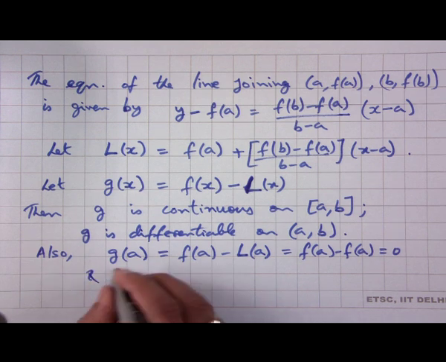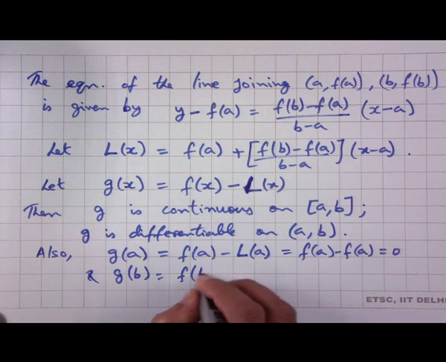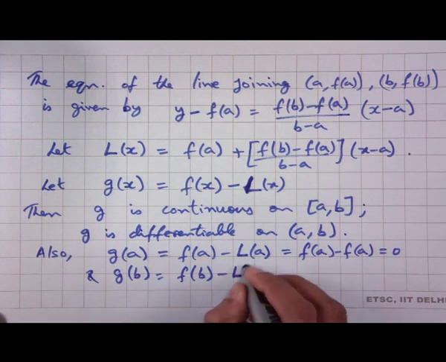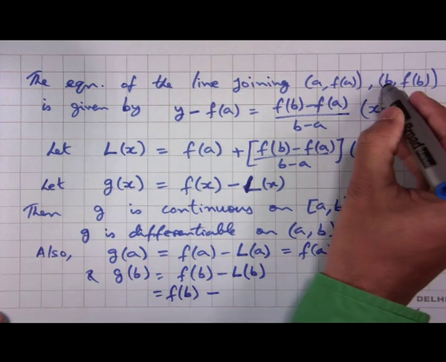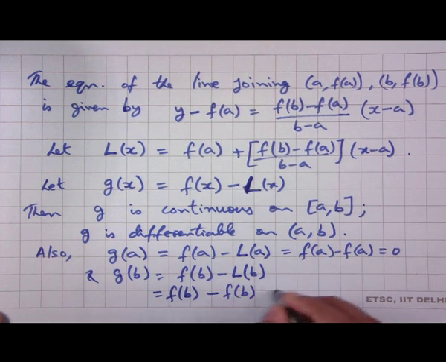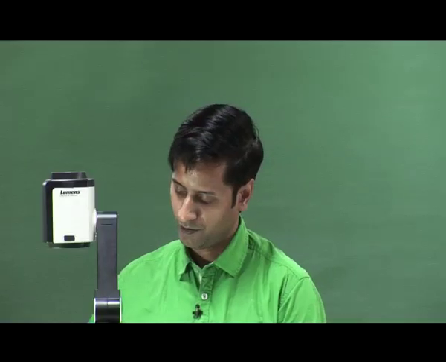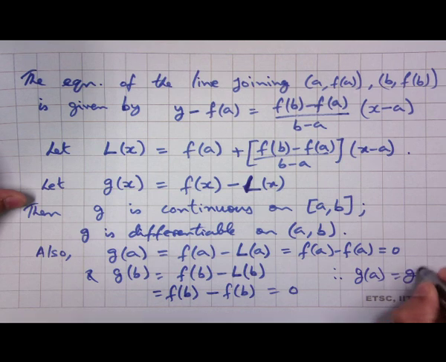And g of b is equal to f of b minus L of b. L of b is again equal to f of b. So, this is also 0. Therefore, g of a is equal to g of b.